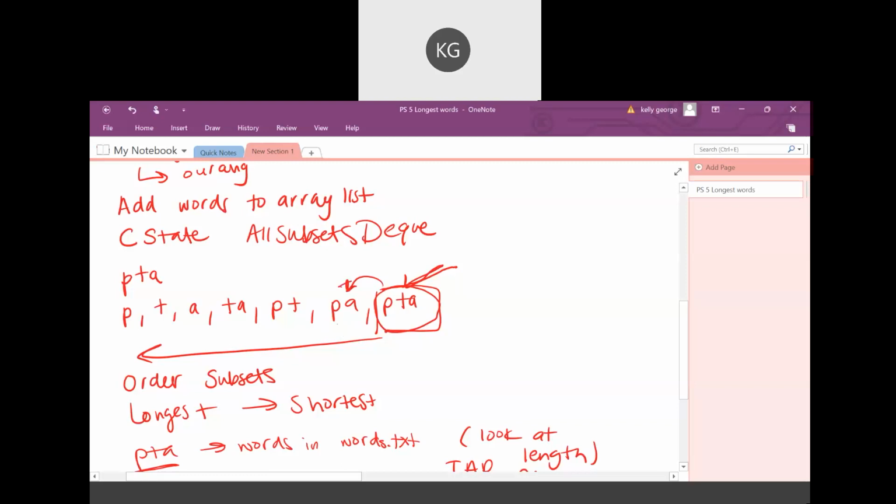Now, let me ask you guys a question, right? Let's say PTA, there's no words in PTA. So we go to PA, right? And we find 2 words. Should we go to PT then?